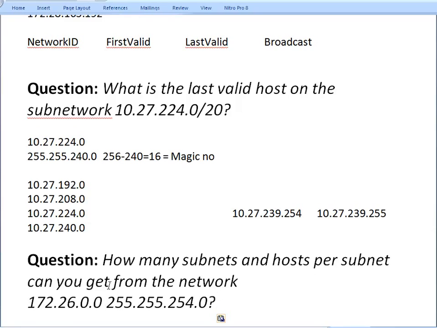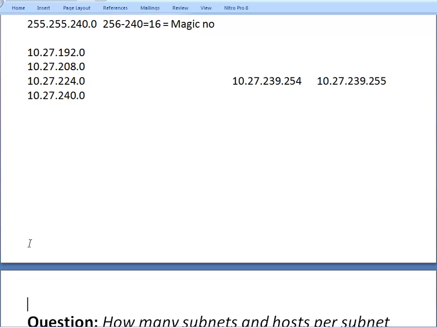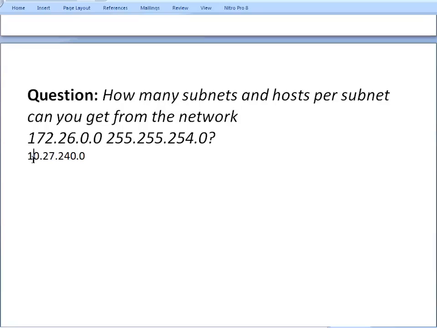Okay, so here, let me just copy some of these fonts. How many subnets and hosts per subnet can you get from this network?